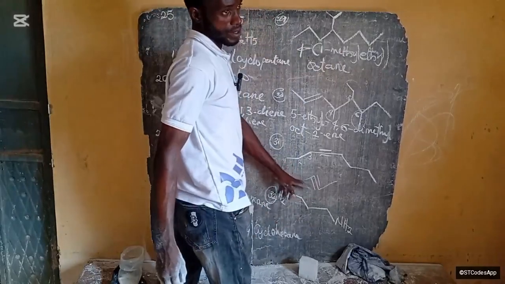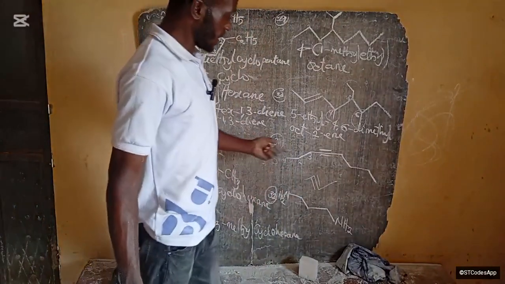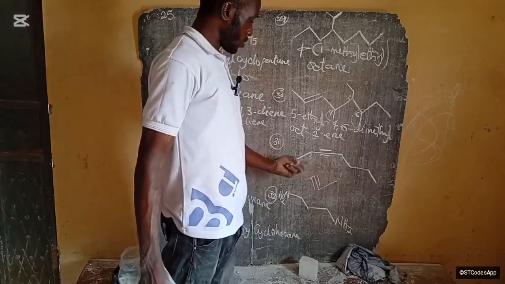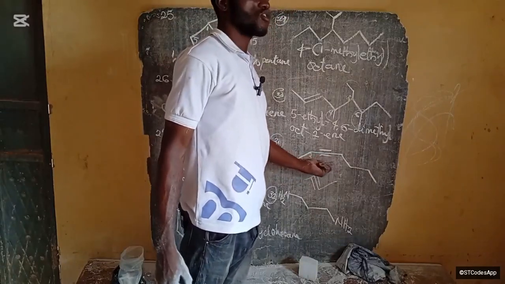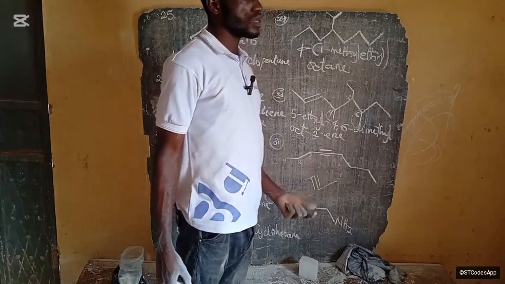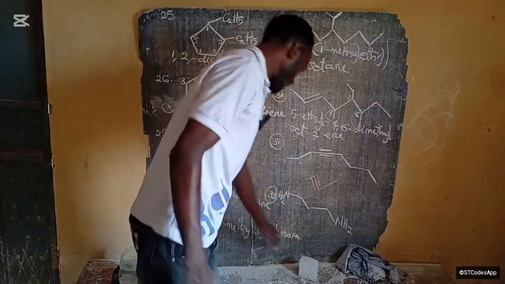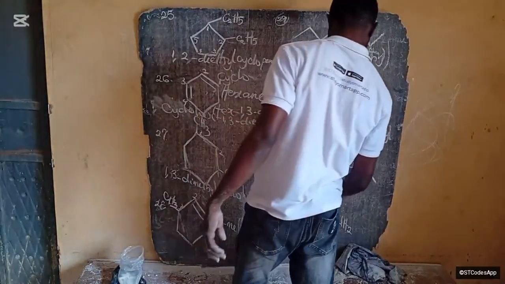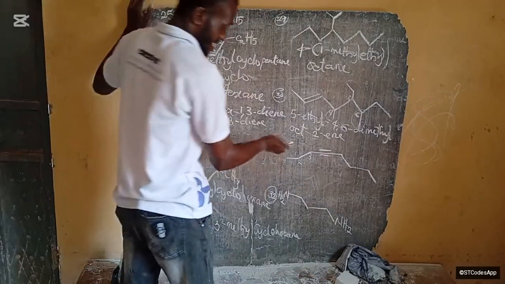Now this is incorrect because there is a linear shape between these carbons. These carbons are linear. There's a linear geometry with sp hybridized carbon. Do you understand? The shape is linear, so it has to be like this.